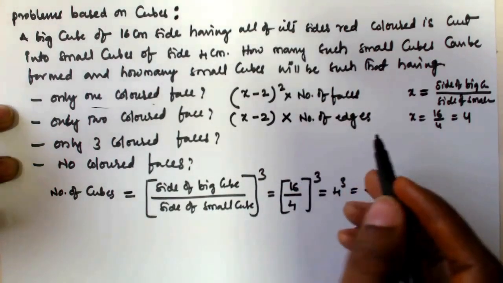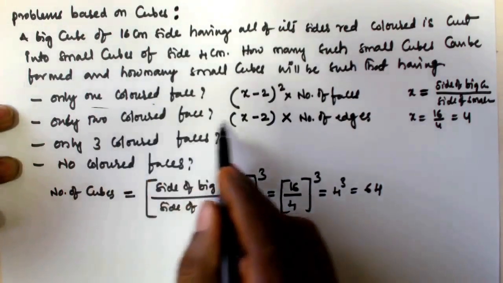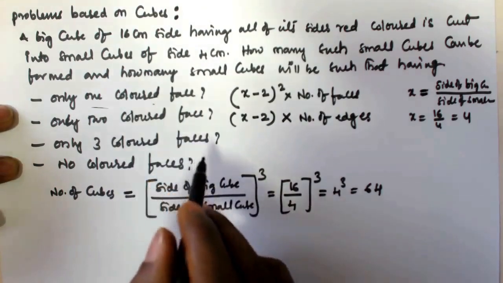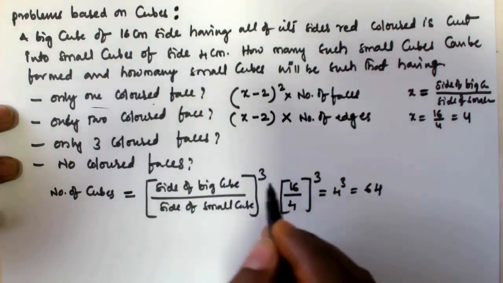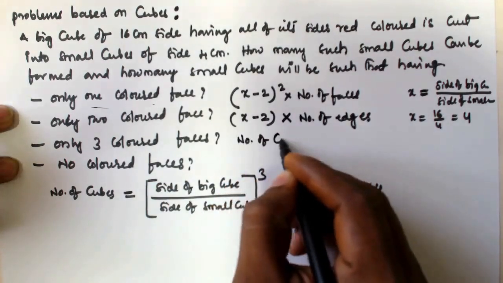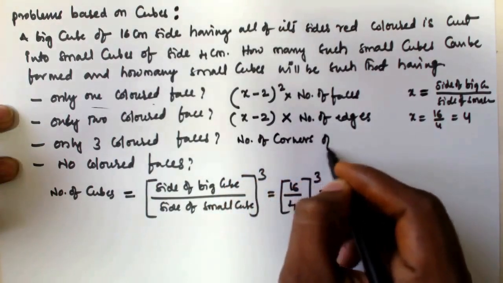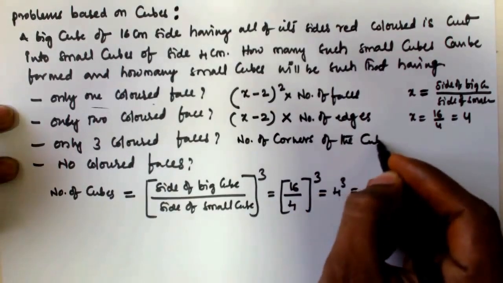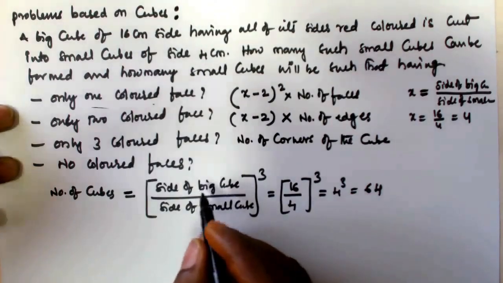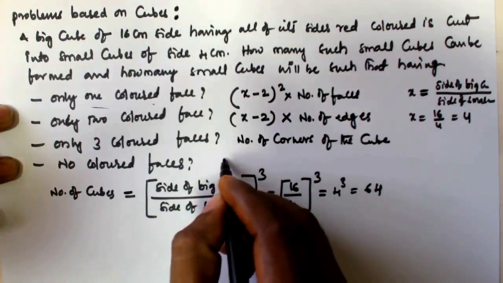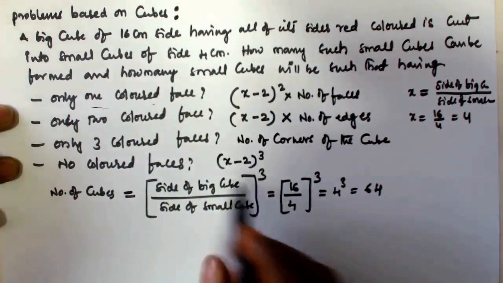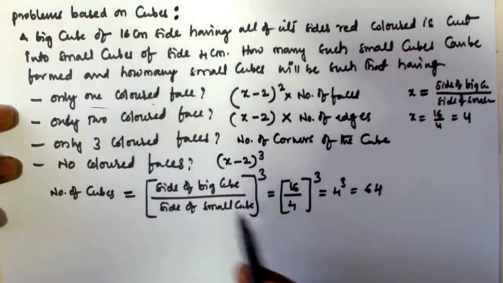Only three colored faces exist only at the corners, so that is given by the number of corners of the cube. No colored faces is going to be x minus 2 whole cube.